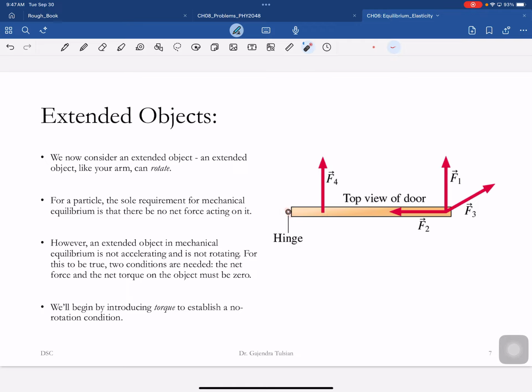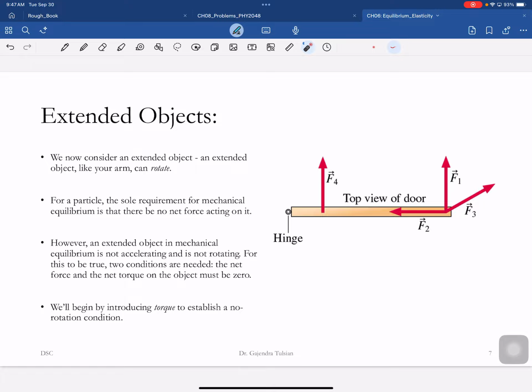Now, all the forces are equal magnitude. So let's say they're all 10 pounds. Will all of them be equally effective in opening the door? Can you tell if they'll all be effective? Will this force open it as effectively as this?